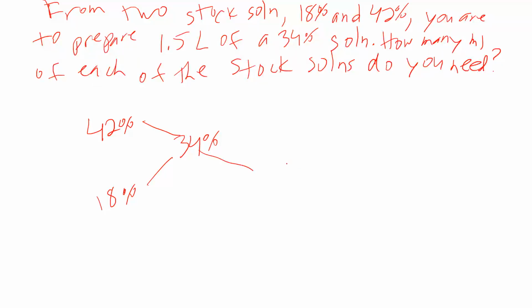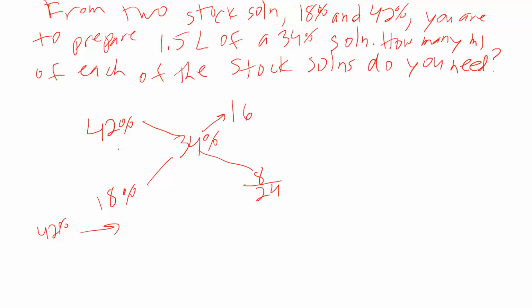Okay, so the difference between 42 and 34 is 8. Difference between 18 and 34 is 16. So if you want to find the 42%, first of all, when you add these up, you get 24.